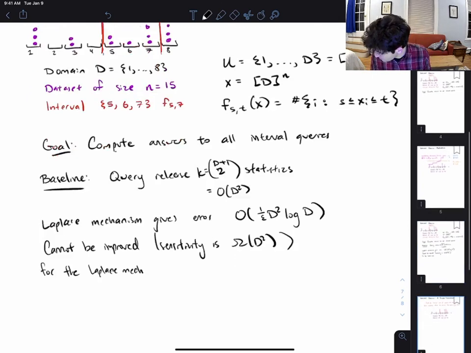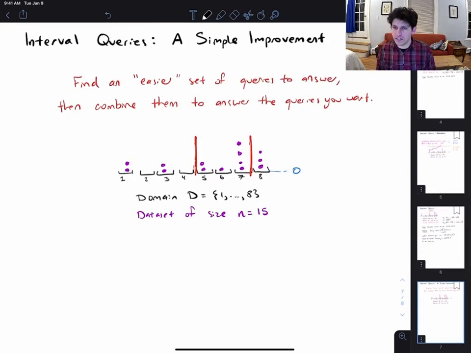So the intuitive idea of how we're going to get a better algorithm is we're not going to try to answer all the interval queries directly. There's d squared queries we want to answer. But you can probably notice that some of the queries are related to one another. Like if I want to know how many people have answers below 5, that's not entirely distinct from how many people have answers below 4.